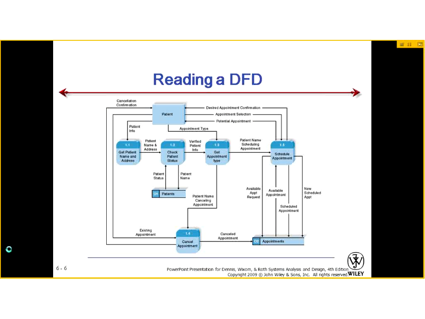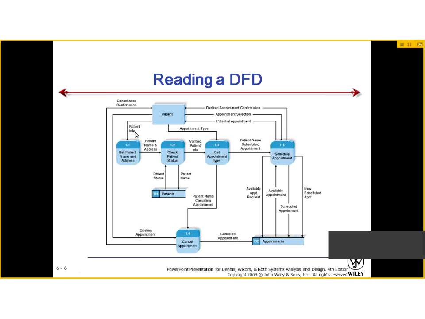So this is one sample data flow diagram in which you can see 5 processes, 1 external entity, and 2 data stores. The processes are numbered 1.1, 1.2, 1.3, 1.5, and 1.4, and the data stores are labeled D1, D2, patients and appointments, and the external entity is the patient.